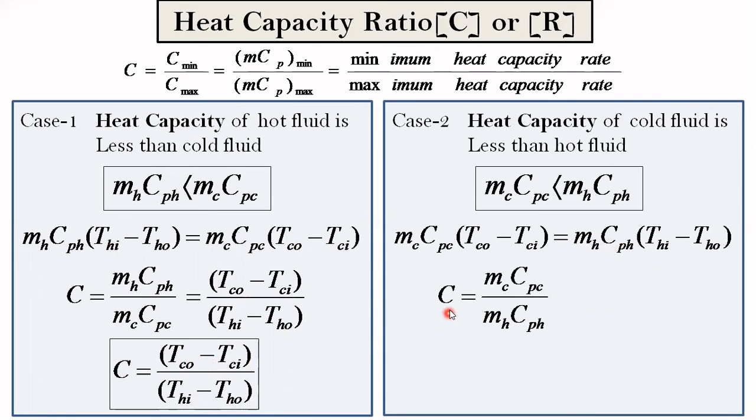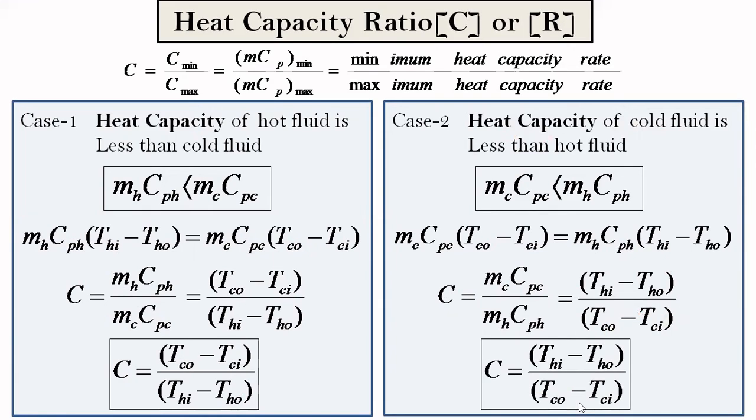The same here, the heat capacity for cold fluid is less. So we have to write down MCCPC by MHCPH. And accordingly for MCCPC by MHCPH, this term will go in denominator. So TCO minus TCI.